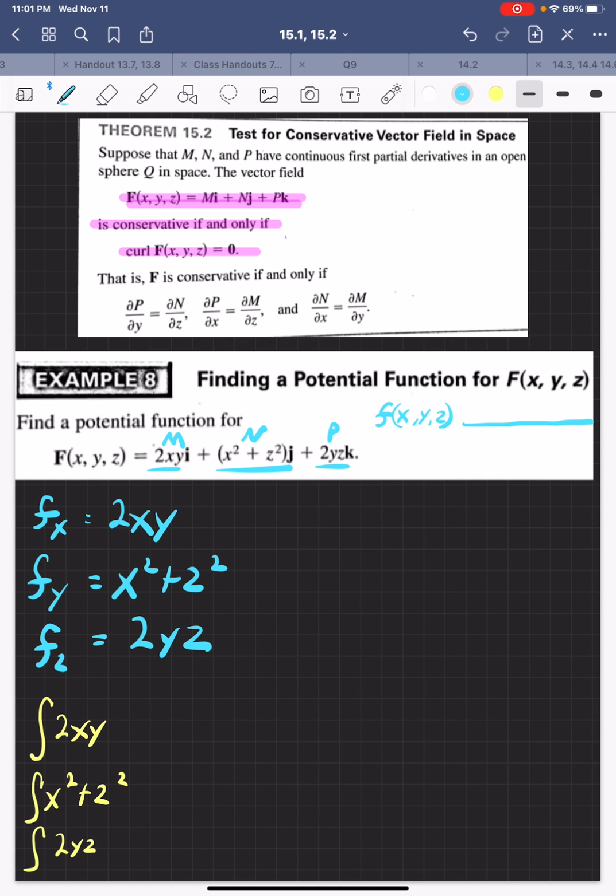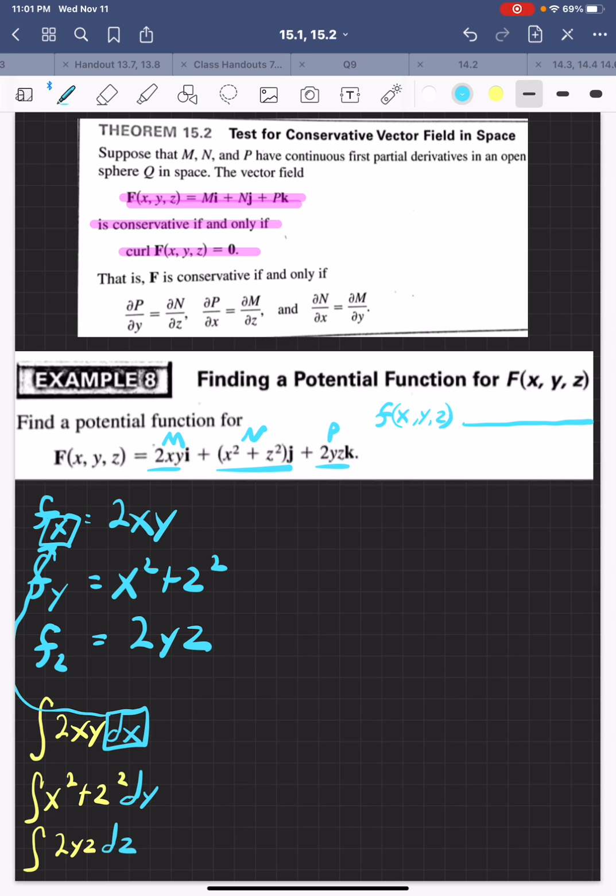I will state again that you want to integrate with respect to the same variable that you would have taken the partial with respect to. I make that statement because I've just seen the mistakes happen where they're integrating with respect to the wrong variable.